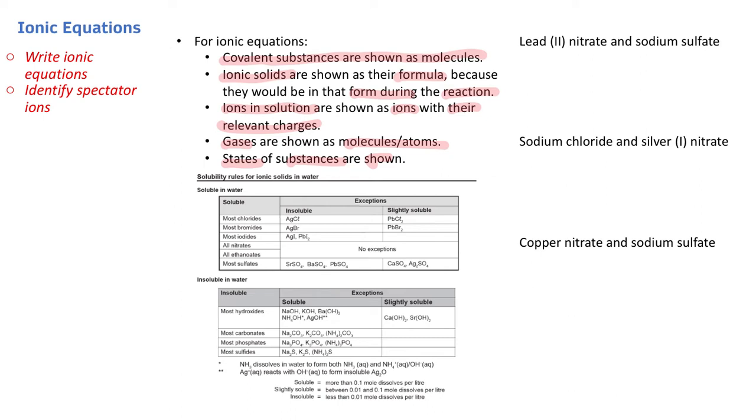But when we get to other topics, you might have lead nitrate solid reacting with something, and you have to read what the state is and take that into account when writing the equation. For now, we'll treat all of these as solutions, but you need to read the question and ask: is it a solution, a solid, or a gas?